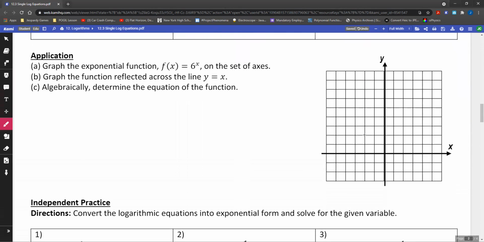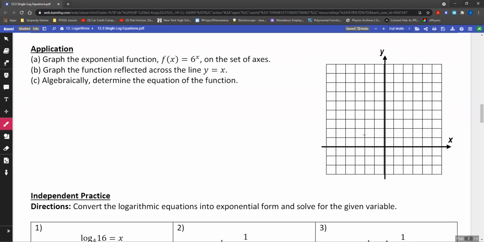Down here, they want us to graph this on the following plot. So let's see. It doesn't say specifically which numbers to choose.